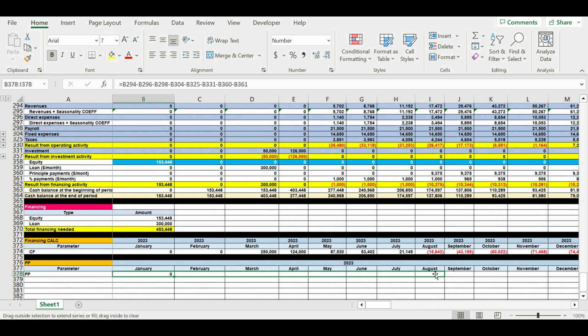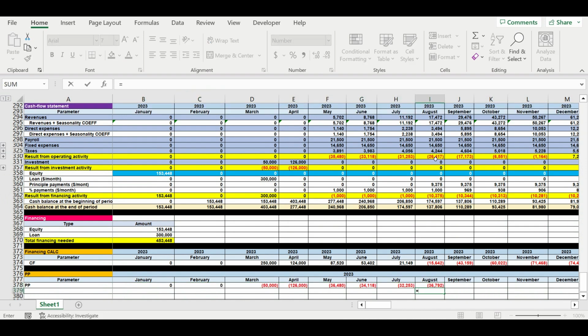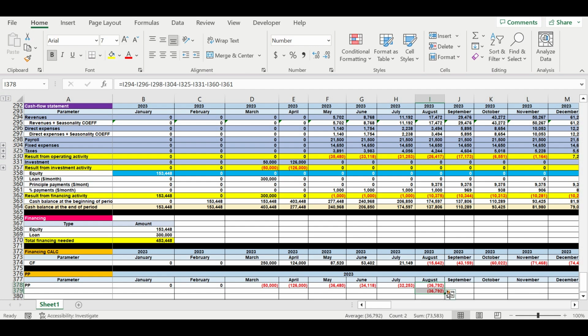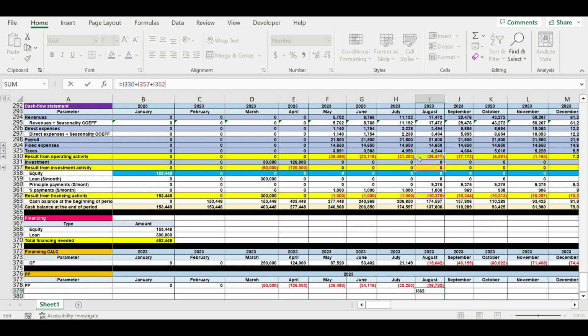Then I will extrapolate this formula, for example, to the right. Take, for example, the result from operating activity plus the result from investment activity plus the result from financing activity. Press enter, and here you will be able to see the same numbers as in the formula that we've just written. Here I took only three values, and in the other formula I took more values, but the result is the same.